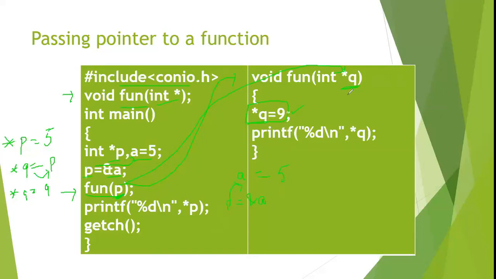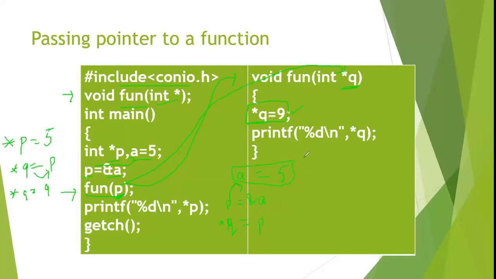When I pass this to q, what happens? My pointer q is taking the value of p, right? And what is the value of p? The value of p is the address of a.